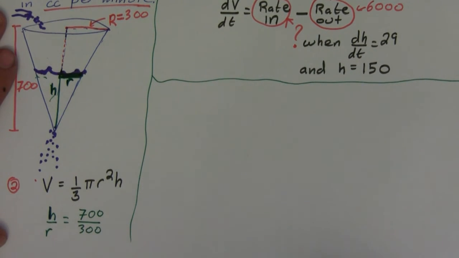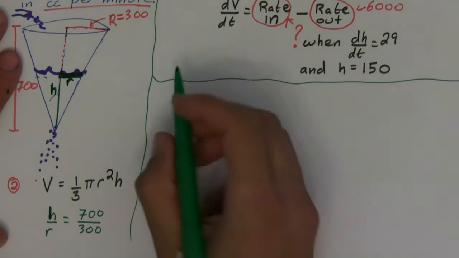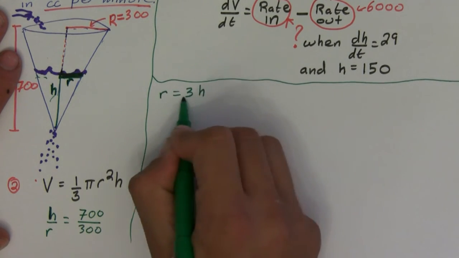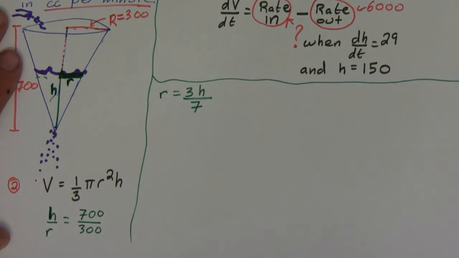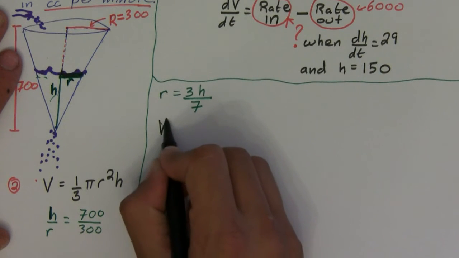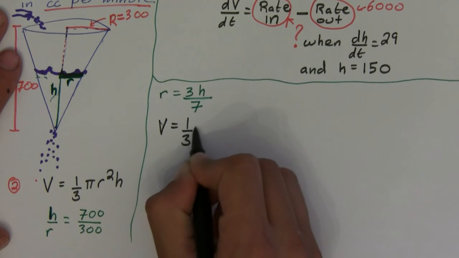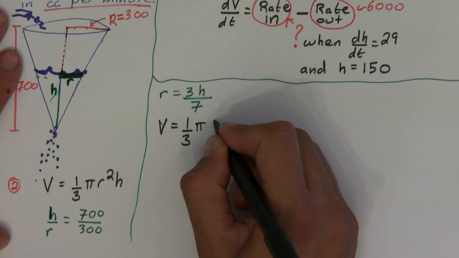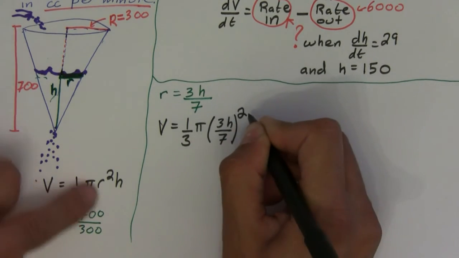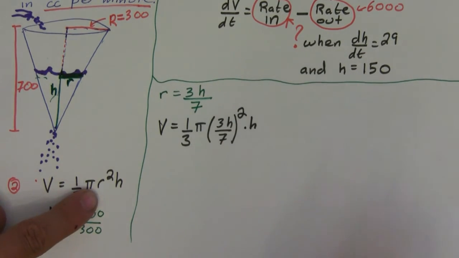Okay, so using this, if we solve for r here, we get that r is equal to 3h over 7. And if we then plug that into our formula for the volume, we get 1/3 pi times 3h over 7 squared times h.